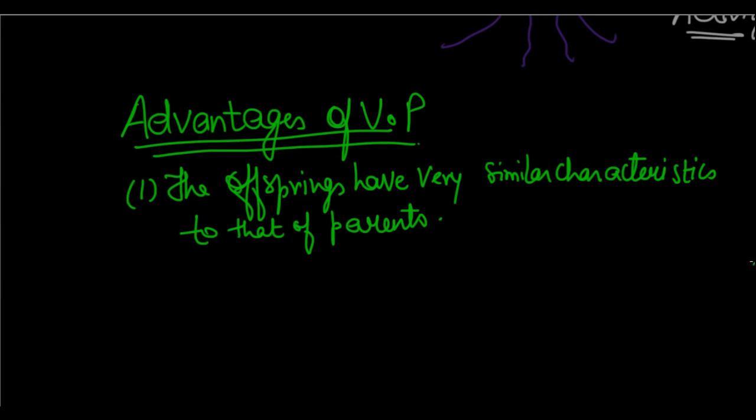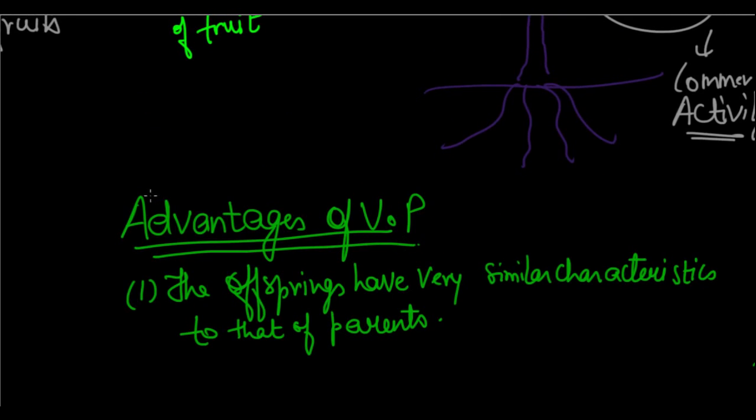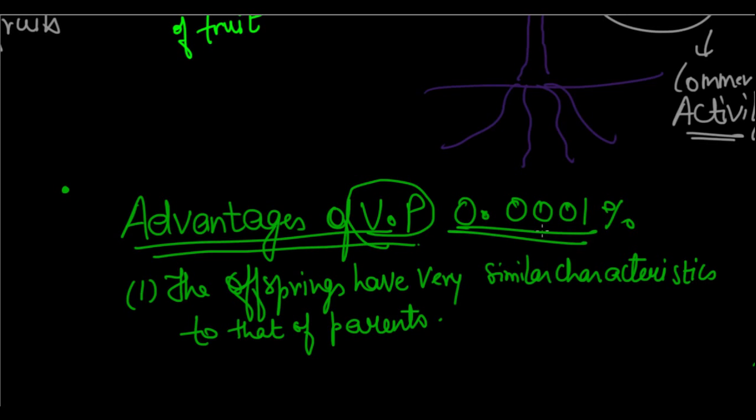In asexual reproduction, we may have a little scope for variation. But in vegetative propagation, I can say that there is 0.0001% of variation, because you're just developing that particular plant part, and obviously it's going to give rise to the same type of plant. So there's very little scope of variation in this form of asexual reproduction.